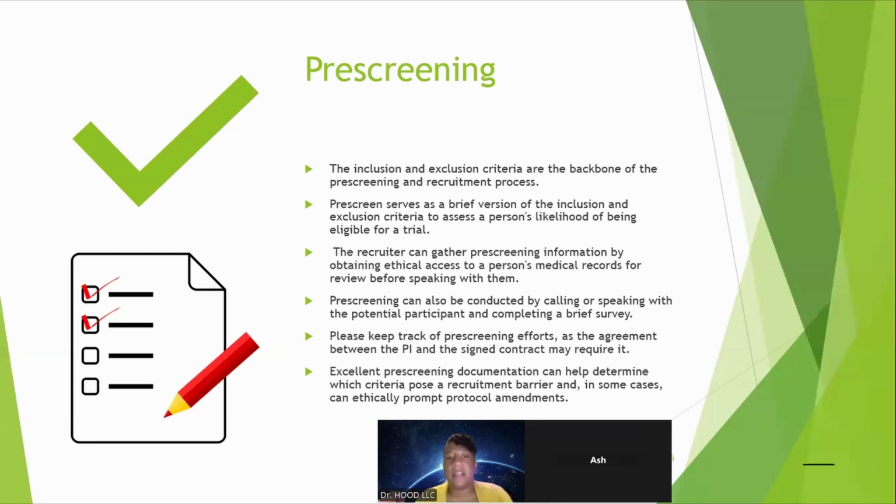The reason it's a good thing to keep records is that if every site is having the same recruitment barriers, the sponsor can go back to the drawing board and see if that inclusion or exclusion criteria can be tweaked. Now, they don't need to if there's not an ethical reason to change it, but sometimes they can reassess whether a lab value posed a real safety issue, or if we change the age, maybe we can get more people.